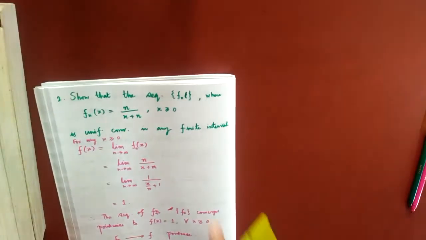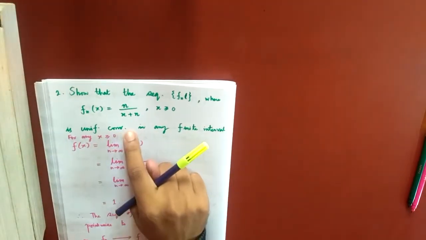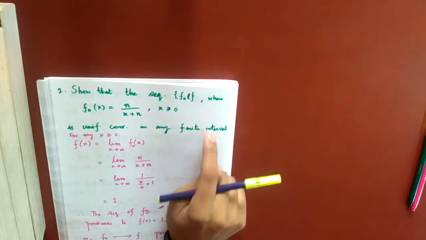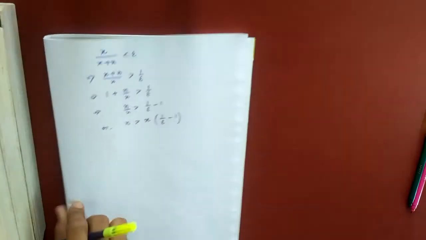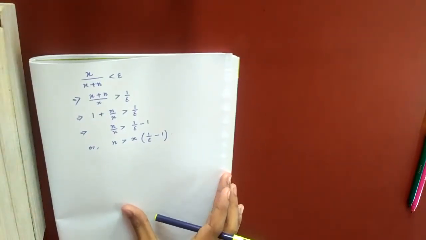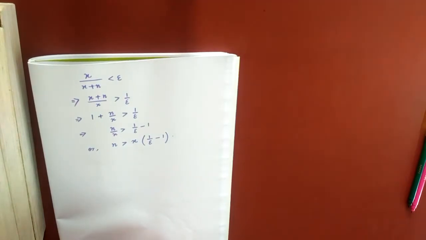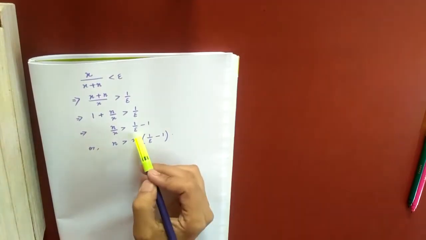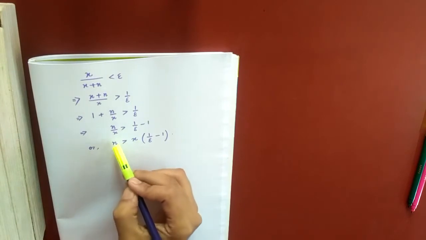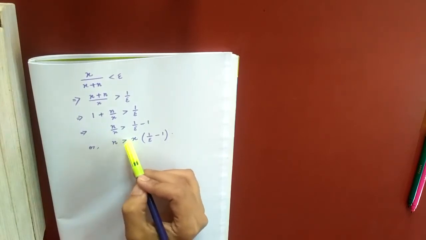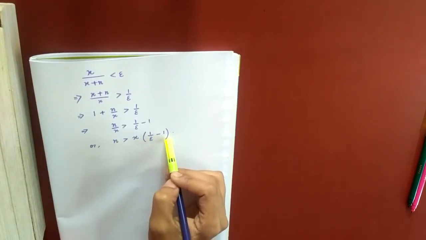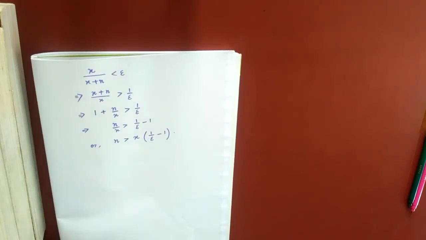So we have to show that it is uniformly convergent in any finite interval. If you are considering an infinite interval, then as x approaches infinity, you cannot find a natural number more than this number. Not possible. So that is the reason they are talking about a finite interval. So I'll talk about a finite interval.